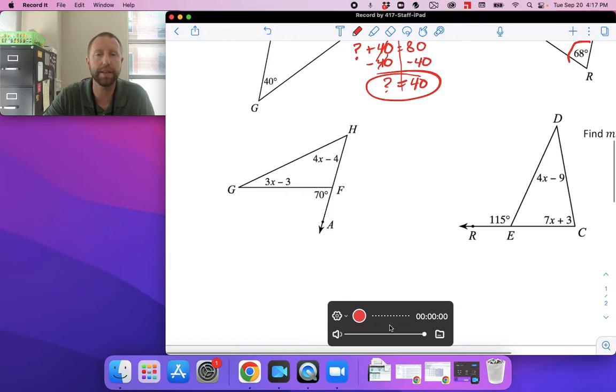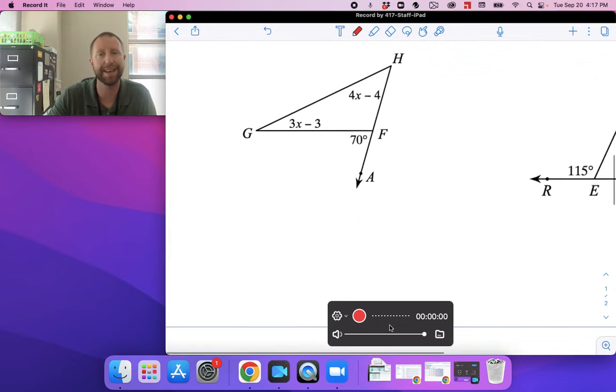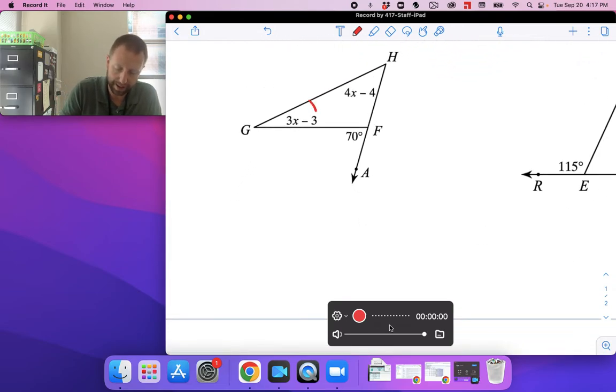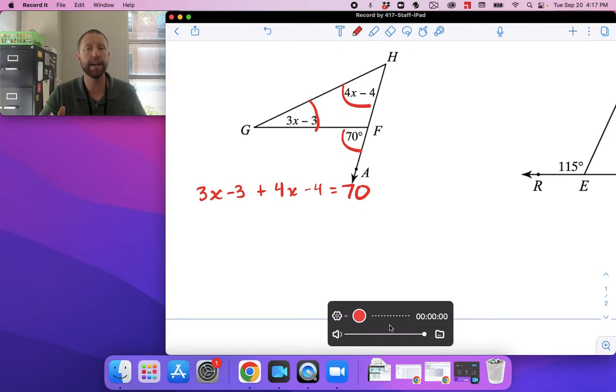If I go down to this one, I'm going to use that same idea. This angle plus this angle has to add up to this exterior angle. That would mean 3x minus 3 plus 4x minus 4, those two have to add together to equal 70 degrees, right? This is where it starts getting a little more complicated. If you guys remember, we've done some examples like this where there's two x's.